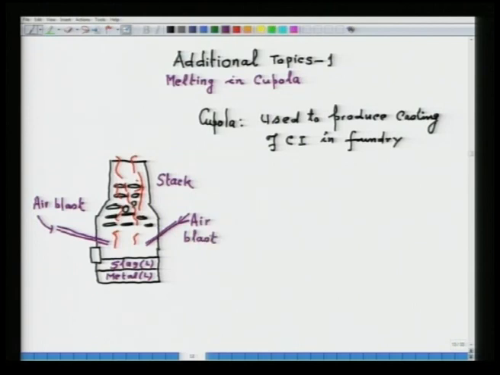Now, its operation is very simple. The burden which is charged from the top consists of pig iron plus coke, and to some extent limestone is also used.